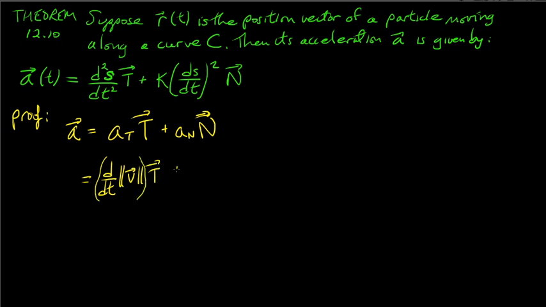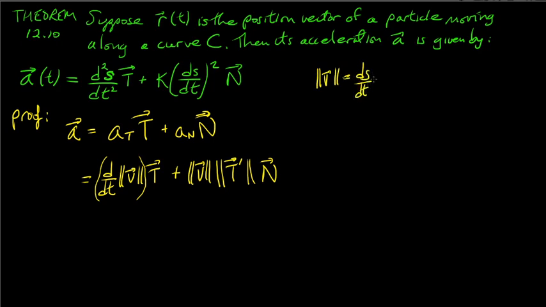Plus, for the normal acceleration, we had this formula. It's the magnitude of v times the magnitude of the derivative of the unit tangent vector, again with respect to time, times the normal vector N. But remember, the magnitude of v is just the derivative of s.